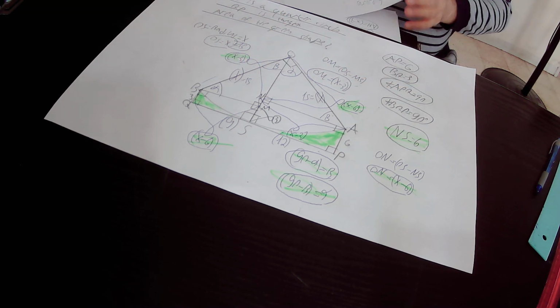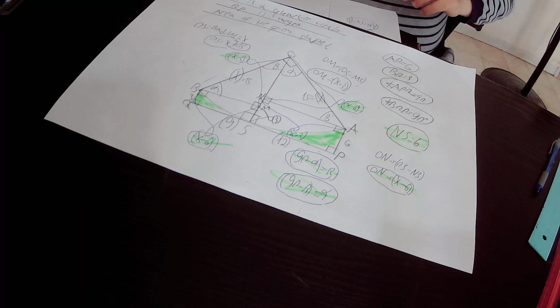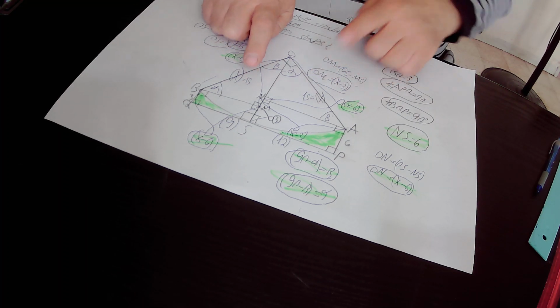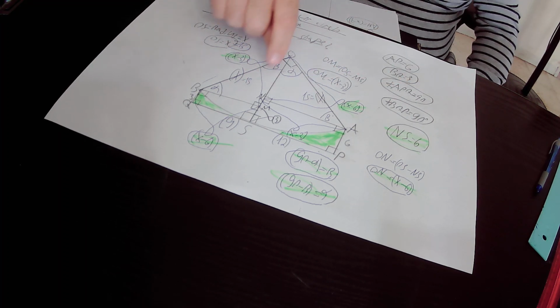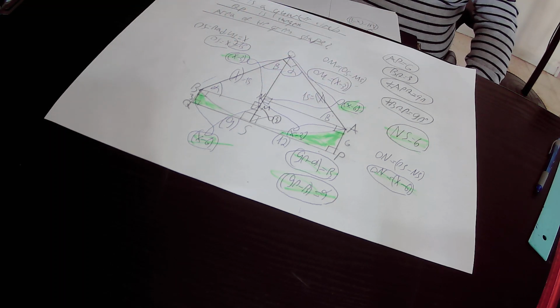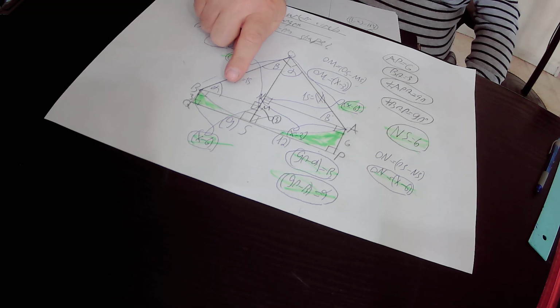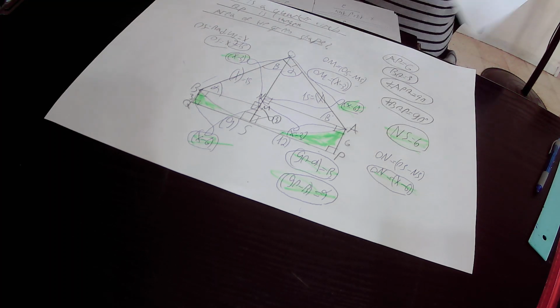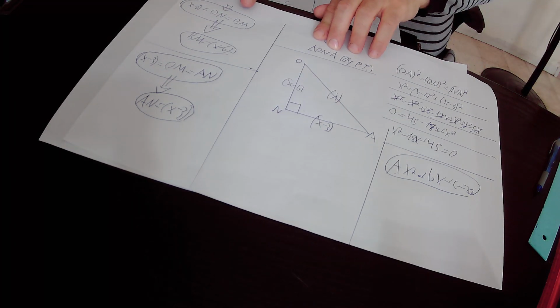And from the fact that those two right triangles can go into each other, we will derive that side ON of the right triangle ONA is equal to side BM of the right triangle OBM. Repeat again: side ON equals side BM.